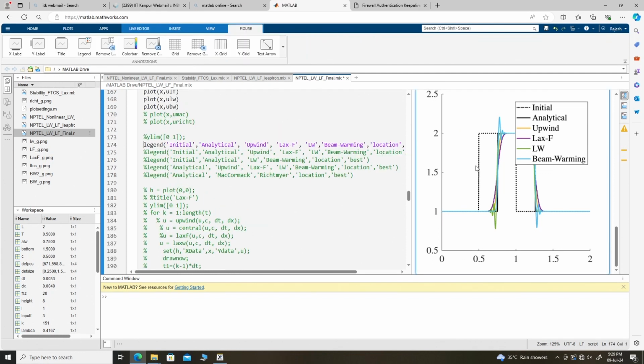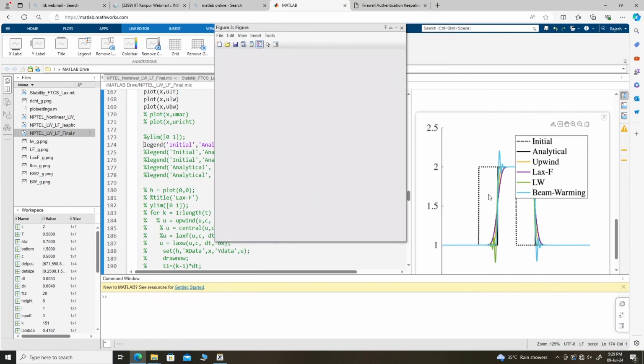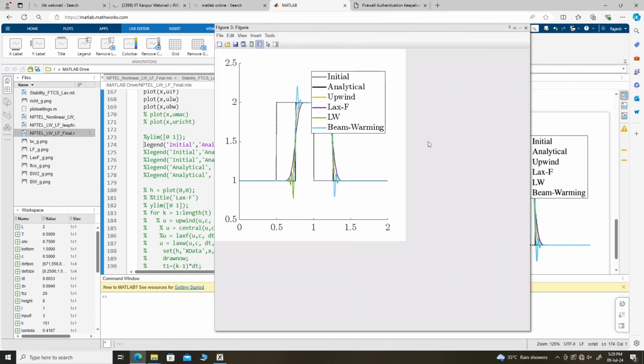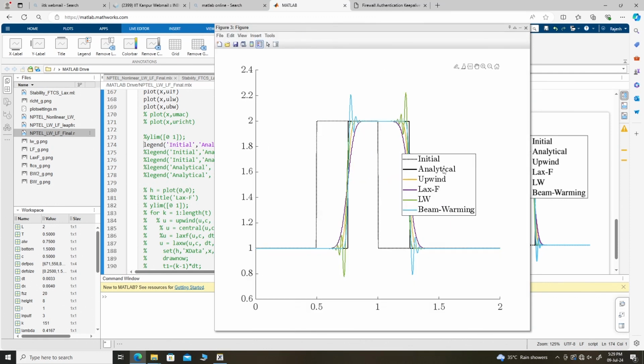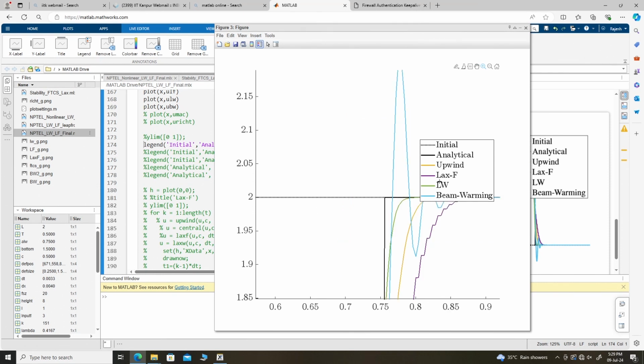So, the initial profile is shown here, the black one. You can see that this dotted black is the initial profile and the solid black line is the final analytical solution, and the upwind you can probably see better if I zoom this in.